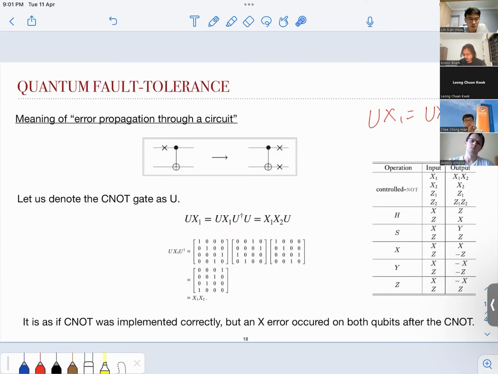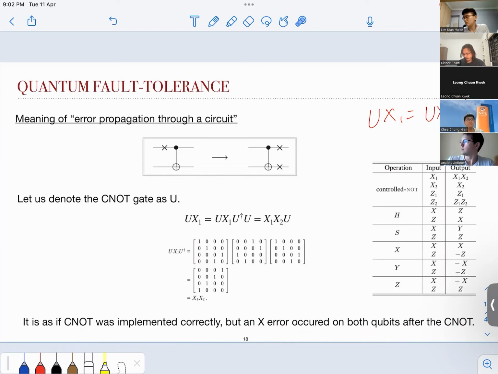So you can see what happens when you want to, let's say, implement an S gate, and you have some X error or Z error, and because of that you will have certain errors introduced. You can think of it as if the C0 gate was implemented correctly, but an X error occurred on both qubits after the C0.